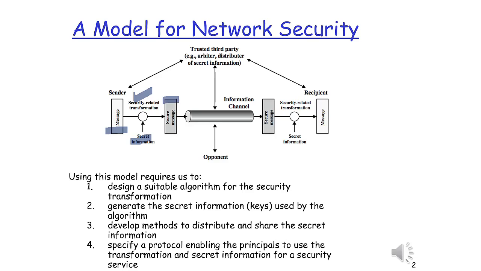Alice puts this onto the information channel. Our adversary here, Trudy, can intercept the message, but because she doesn't have access to the keys found here, she will not be able to read it. Then Bob pulls the message off of the communication channel.